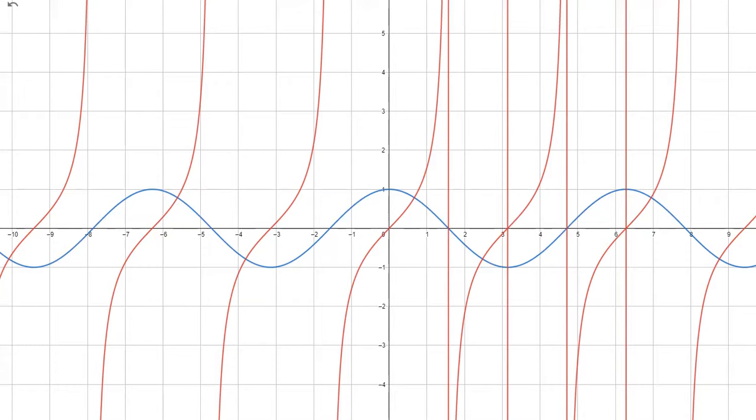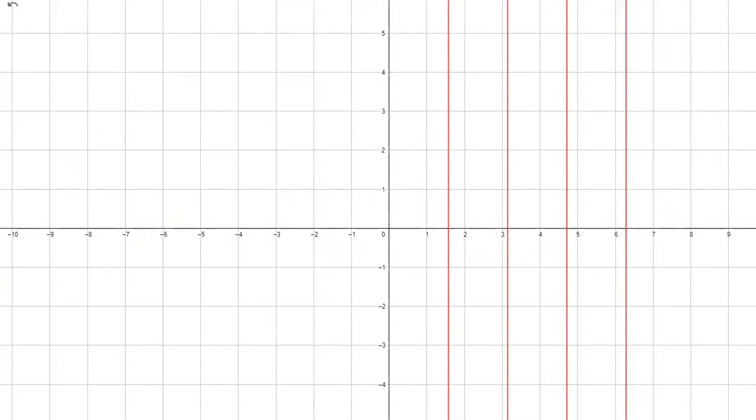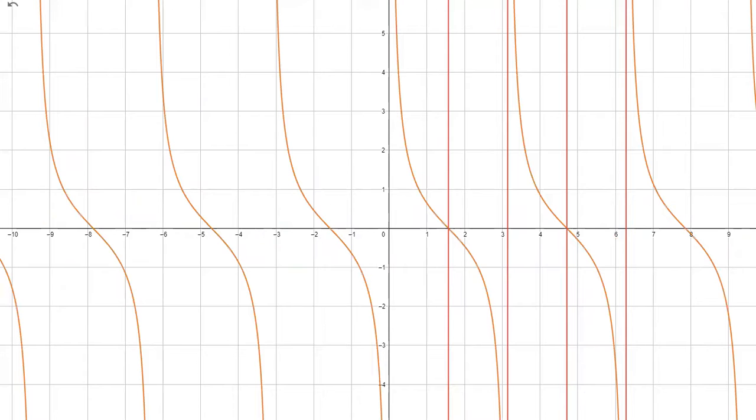Same thing's going on with the cotangent graph, except that cotangent is cosine over sine. So now every time the sine is 0, the cotangent is undefined. And every time the cosine is 0, the cotangent is equal to 0. All right, so that just looks like that.